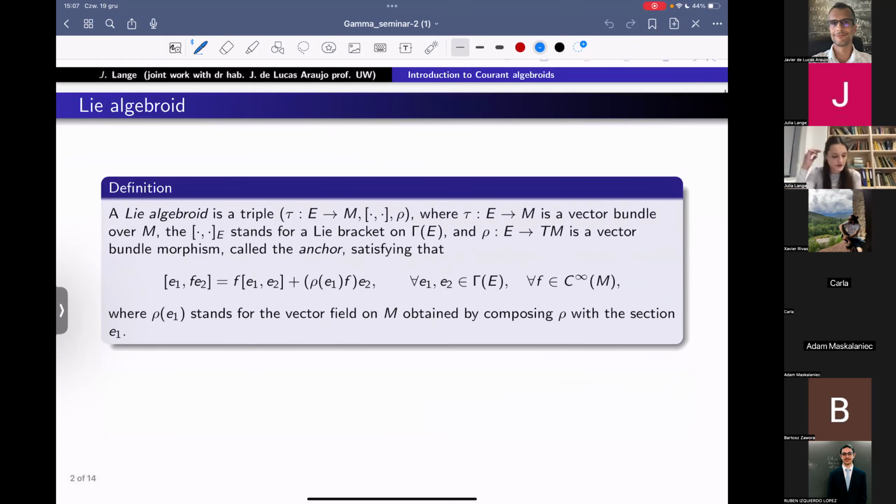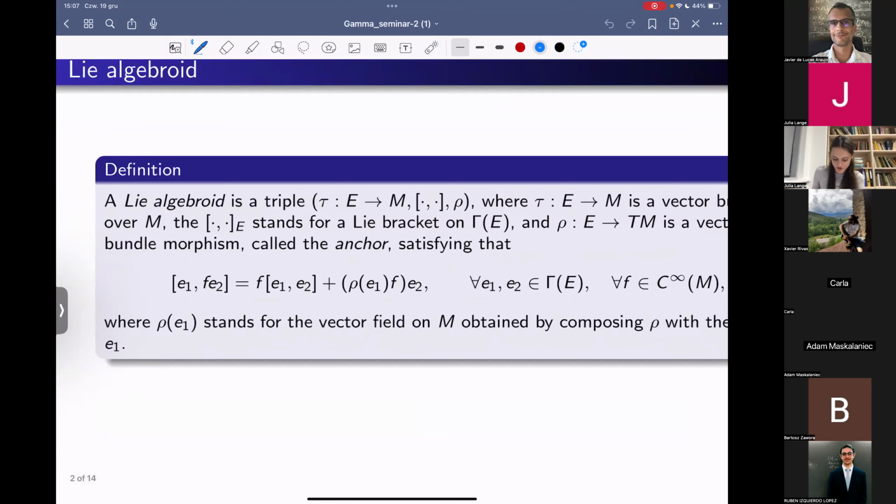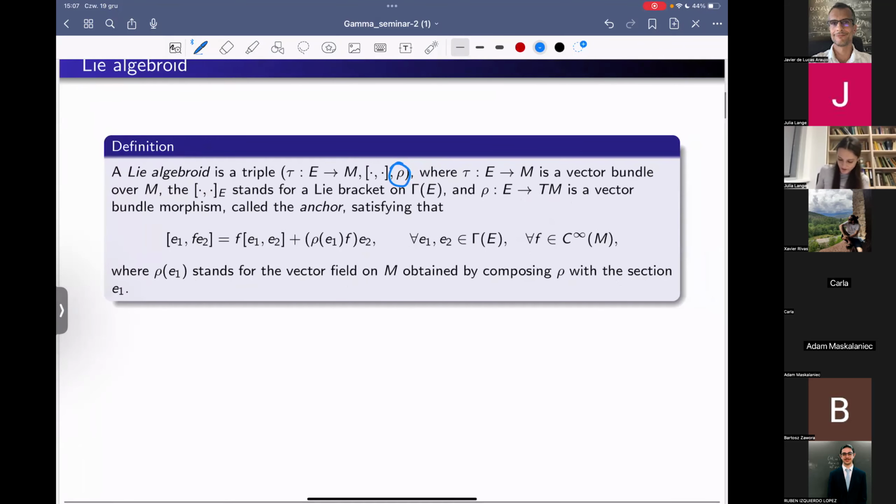First I'm going to start by introducing what a Lie algebroid is. If we are given a vector bundle from E to M, and a Lie bracket on the sections of E, and some map rho which goes from E to the tangent bundle of M, called the anchor map, we have this relation.